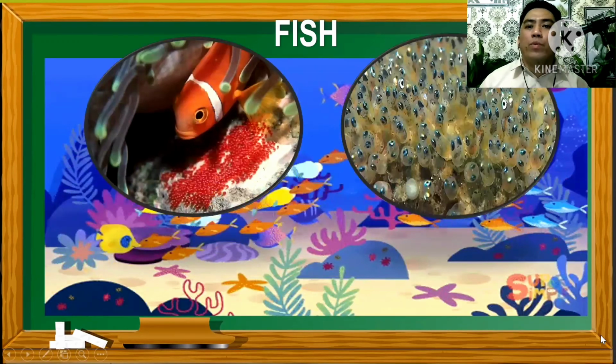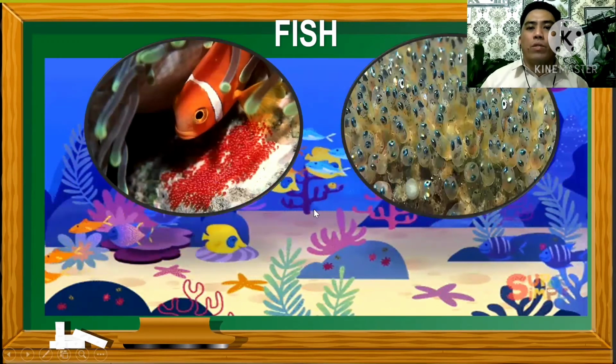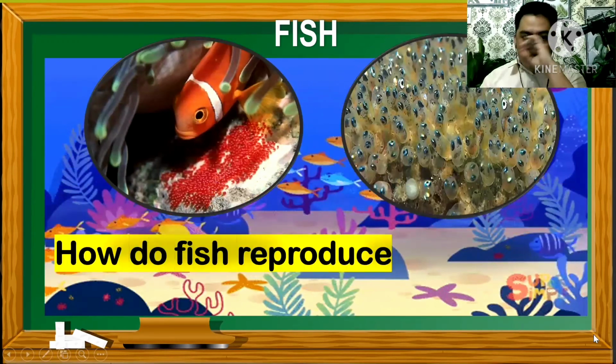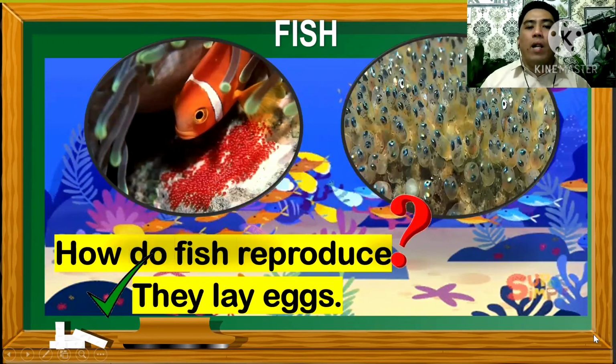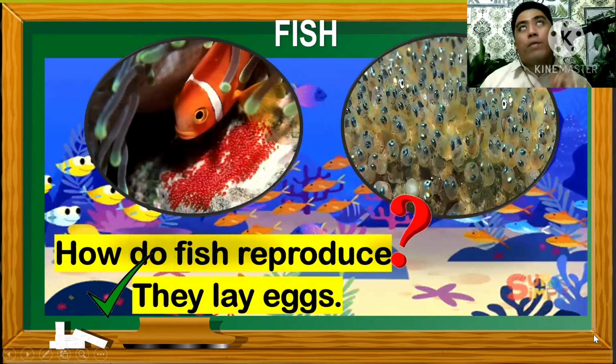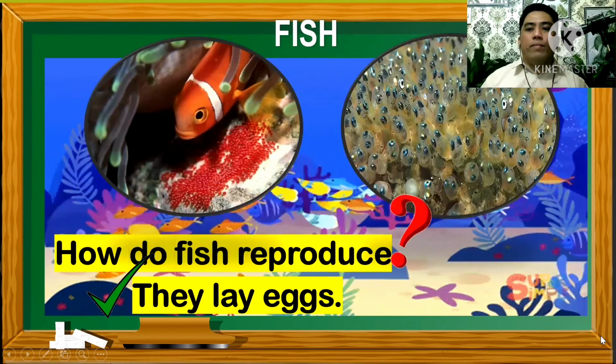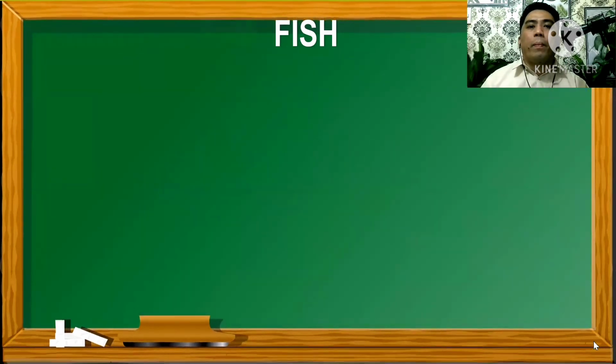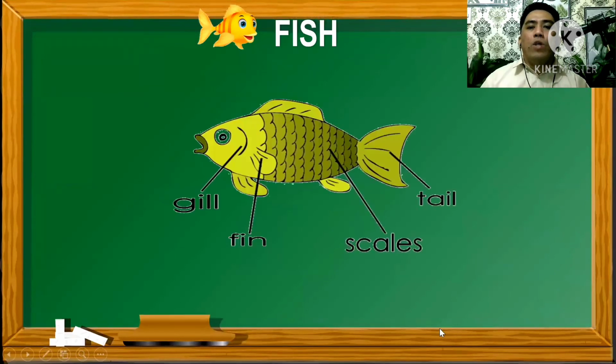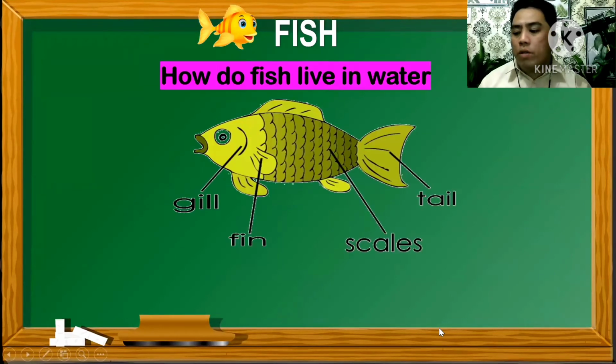So how do fish reproduce? Based on the pictures, fish reproduce by laying eggs. Like reptiles and amphibians, fish also lay eggs. So how do you think fish survive in water?